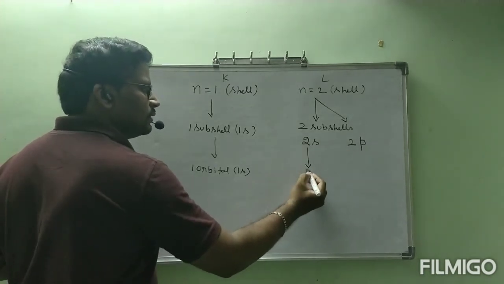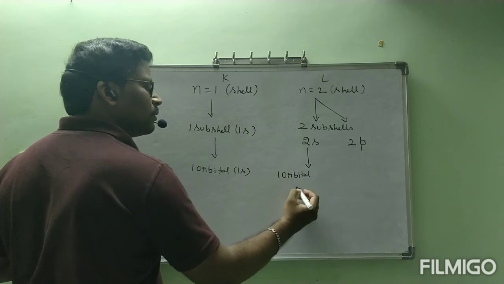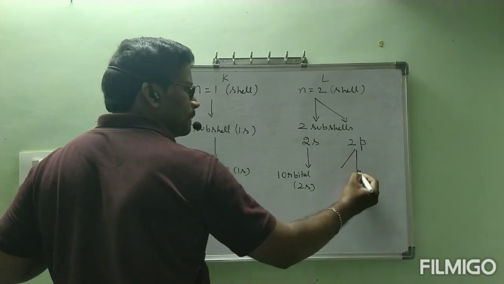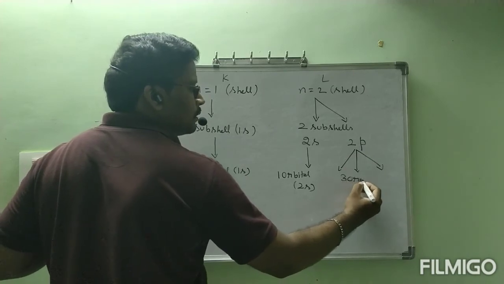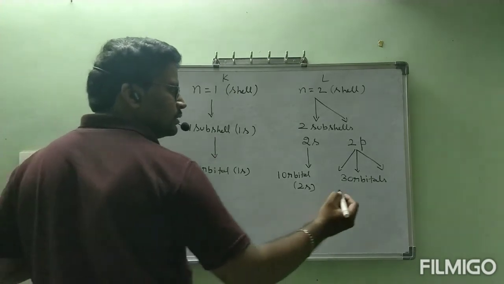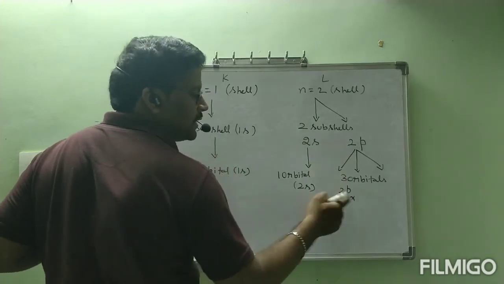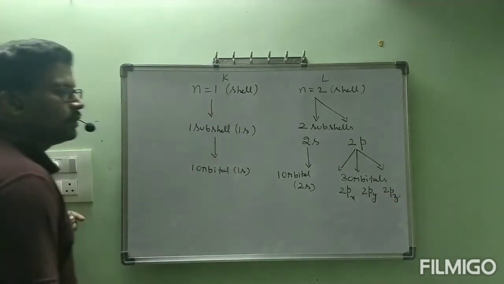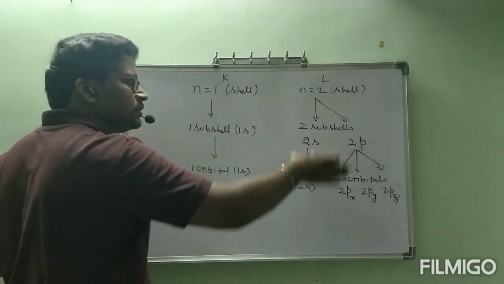Again, 2s has one orbital, named 2s. 2p has three orbitals. This is the second shell, so 2px, 2py, 2pz. This is the data about the first shell, and this is the data about the second shell.